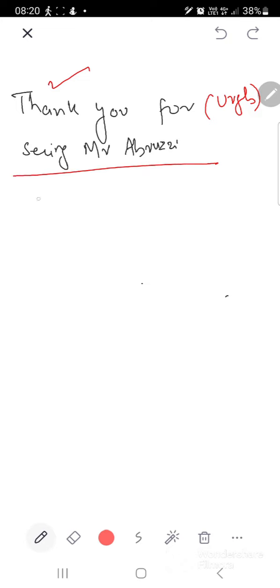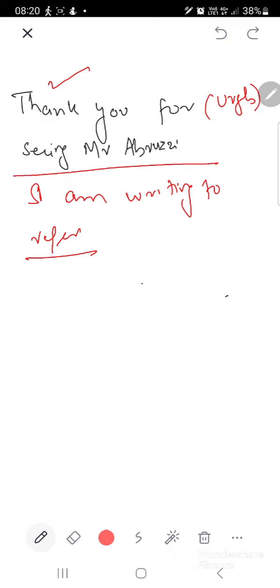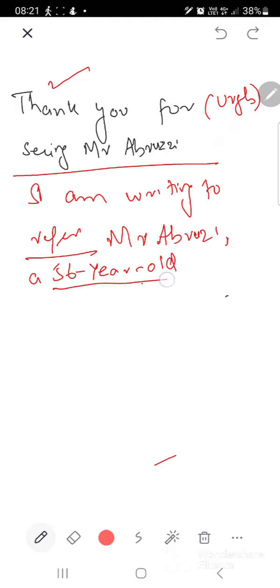We can also rephrase this line with this one: I'm writing to refer Mr. Abuzi. It's also fine, right? Let's say in both of the cases, then we have a positive noun, the quality of the noun, that we can add over here. If you have written the age, let's say 56-year-old, look at the format closely, with the hyphenated format, right?